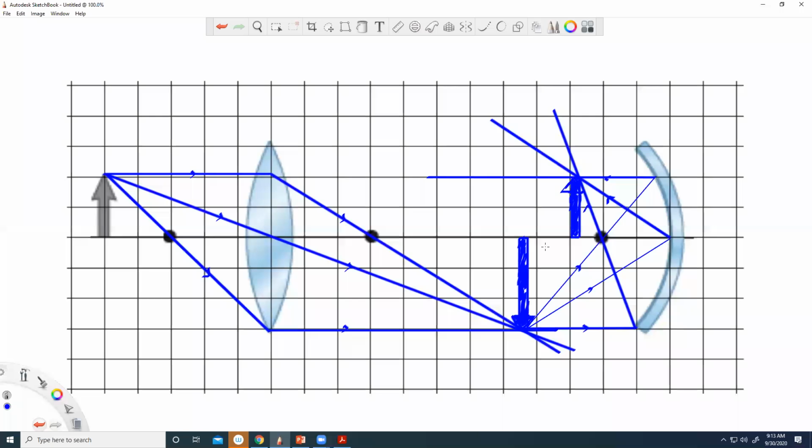Okay, so you can see here the image is formed at about 3 centimeters from the mirror. So 1, 2, and 3, slightly less than 3 centimeters. We can consider that that's 3 centimeters. So the final image is about 3 centimeters from the mirror.